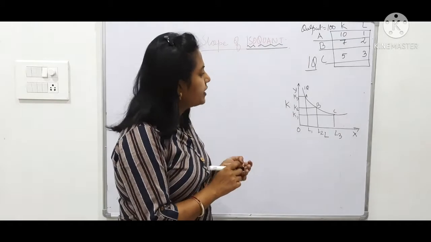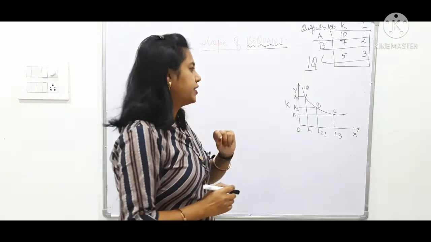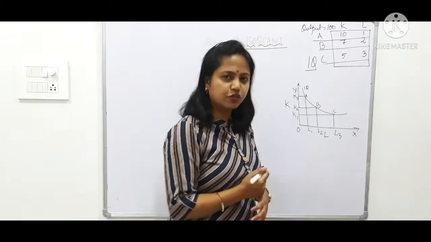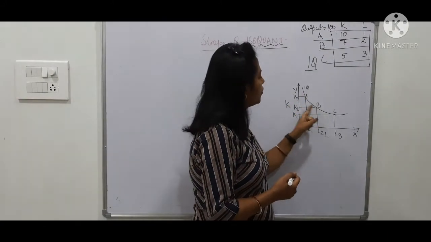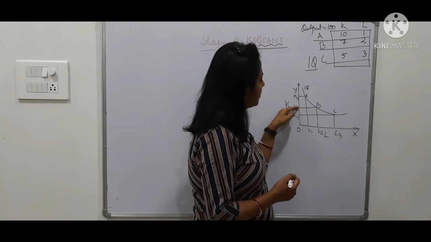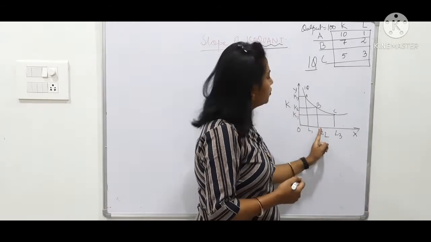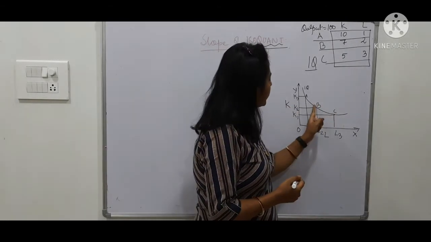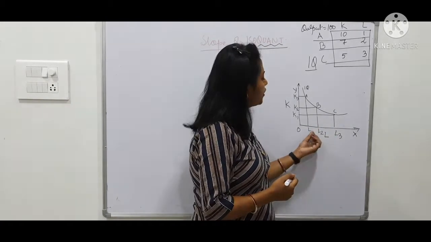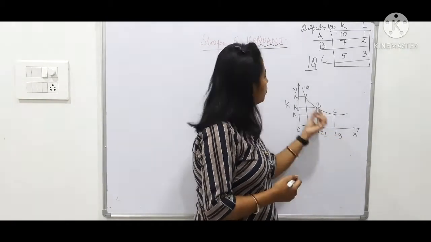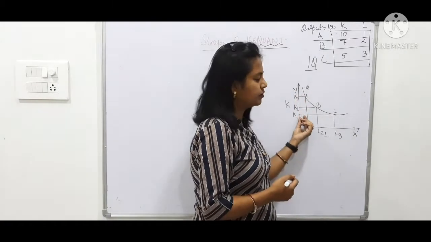Okay. And I have already explained in my previous videos that when we shift from one point to another, we are sacrificing capital and increasing labor. When we shift from B to C, we are sacrificing capital and increasing labor. Okay. You cannot increase one without sacrificing another. Okay.